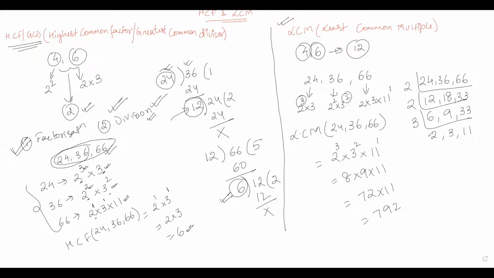Now again, you cannot divide further these 2, 3 and 11. So whatever numbers we are left with on this side, the product of all these numbers would be the LCM. And this is nothing but 2 cube times 3 square times 11, which is the same as 792. So in this way, we can calculate the LCM of the numbers given to us.